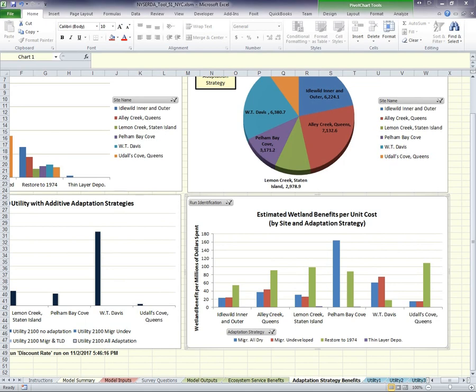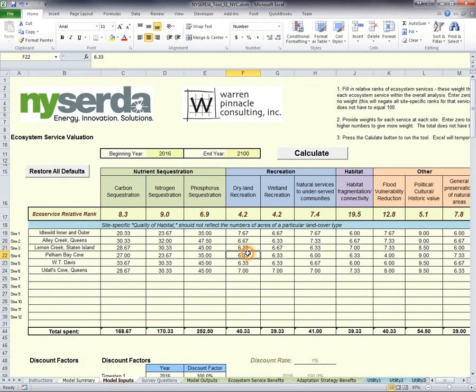The last thing that I want to point out is that in our survey results, we had many survey users just leave all site-specific results essentially flat. So, for example, looking at things like dry land recreation, they said we don't really know the sites well enough, so we're leaving them all flat. But these could probably use a little bit more. There are some more differences.